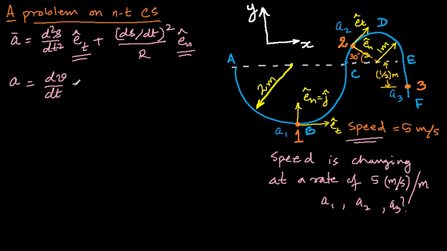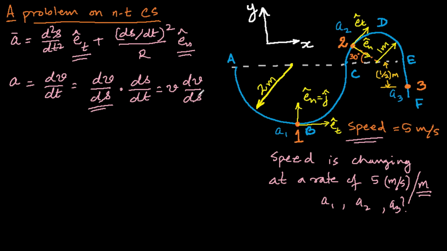Now, because we know how the velocity is changing with respect to distance and not time, we can write this as dv over ds times ds over dt. Using the chain rule, this again comes out to be the velocity. So this is nothing but v dv over ds.